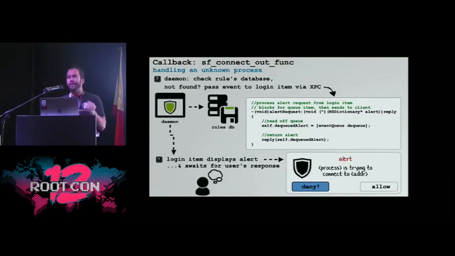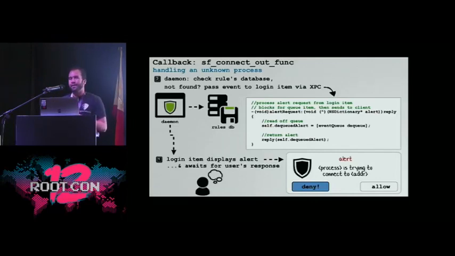So the first thing the daemon does is it maps the PID to a process path and checks if the process path exists in its rule database. For example, this might be an application that has been pre-authorized, but it's just the first time it's run. If it's found, it responds with the action back to the kernel.